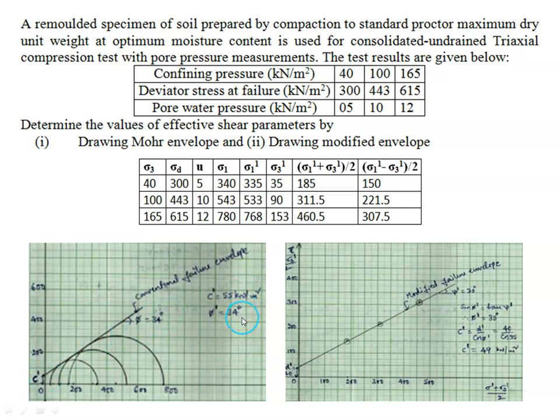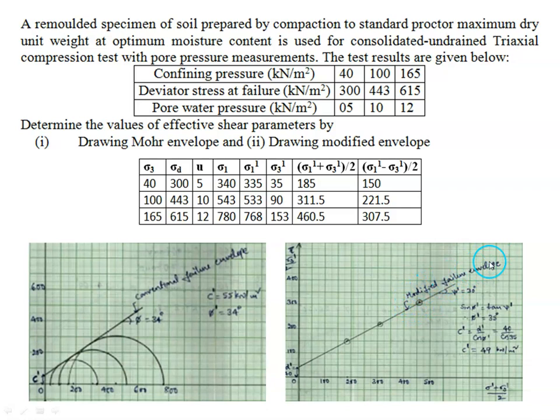Then we plot the values of (sigma 1 plus sigma 3) by 2 on the x-axis and (sigma 1 minus sigma 3) by 2 on the y-axis. Then we plot the points corresponding to the 3 sets of readings and join them with a straight line, which gives the modified failure envelope.